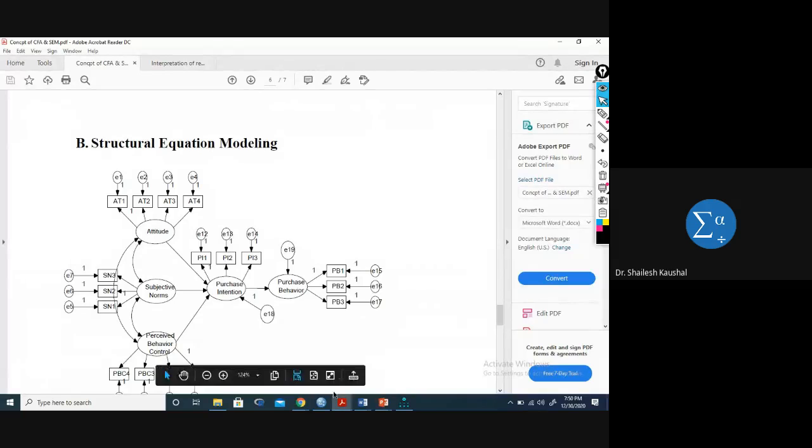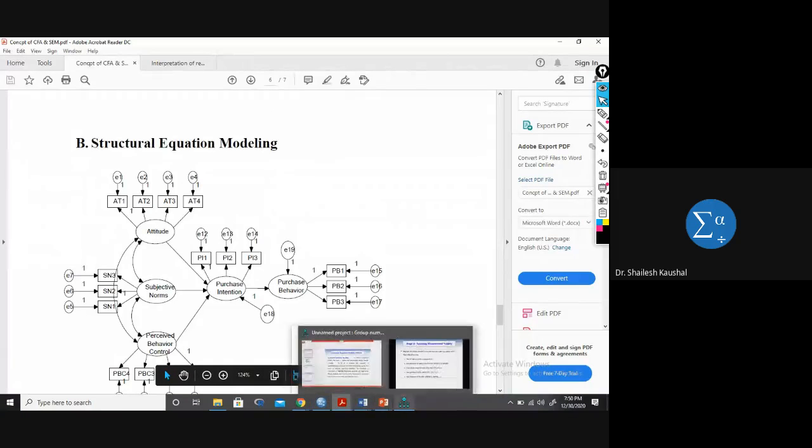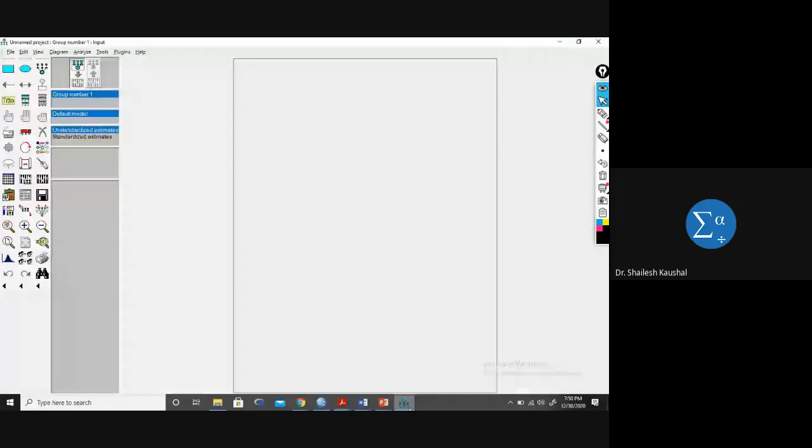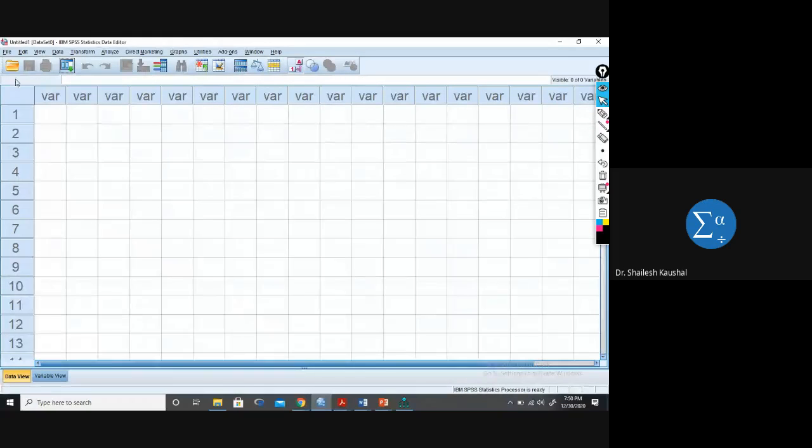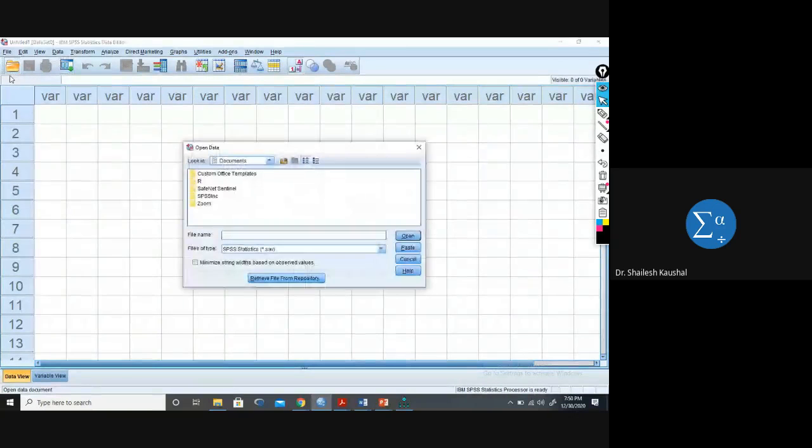Okay. Now I am performing this model. This is the AMOS graphic. First of all, I want to see my data. So I am opening the SPSS file, because first of all, we enter our data into the SPSS file.